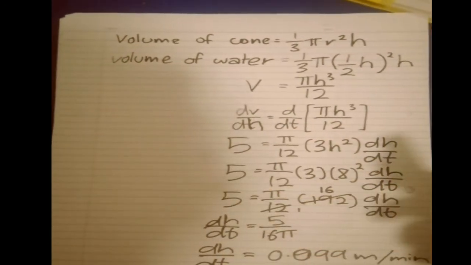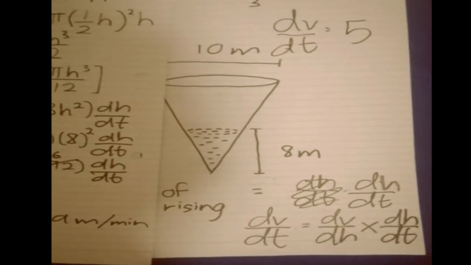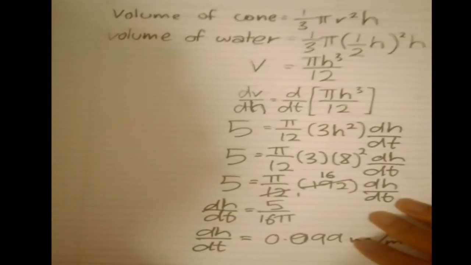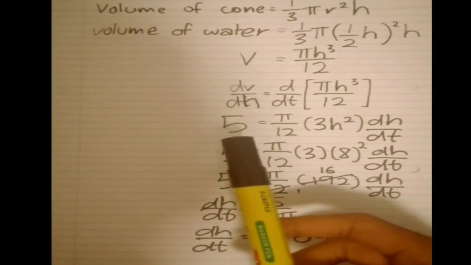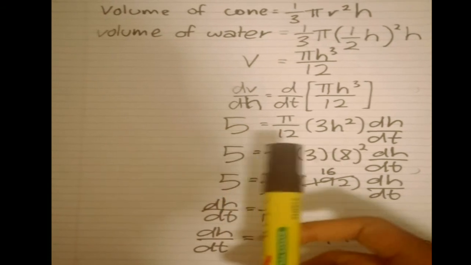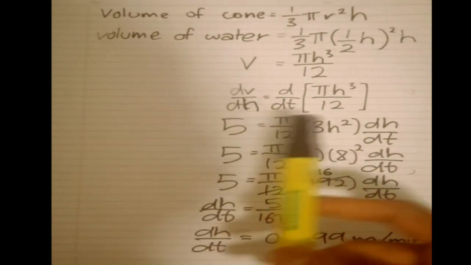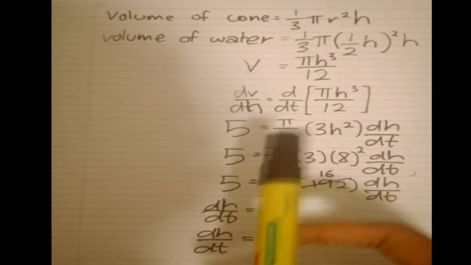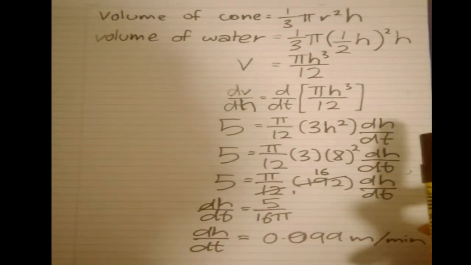And all I did was I just plugged in the values into this formula, dV/dt equals dV/dh multiplied by dh/dt. So after plugging in, I replaced everything with the given values. 5 equals the derivative of pi h cubed over 12, which in this case is pi over 12 multiplied by 3h squared, and then times dh/dt.